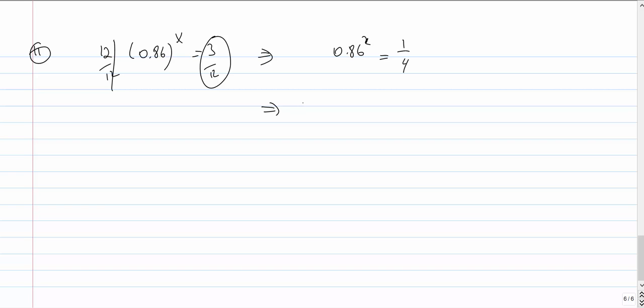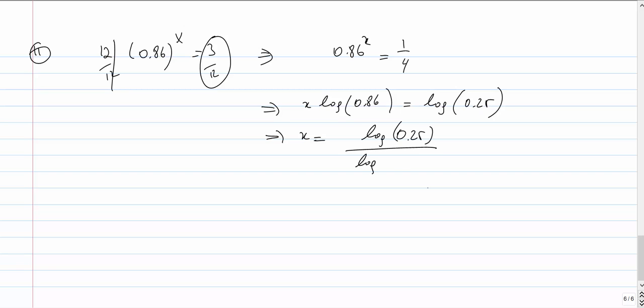So then x log 0.86 is equal to log 1/4, which is 0.25. Then x here is equal to log 0.25 over log 0.86, and approximately 9.19.